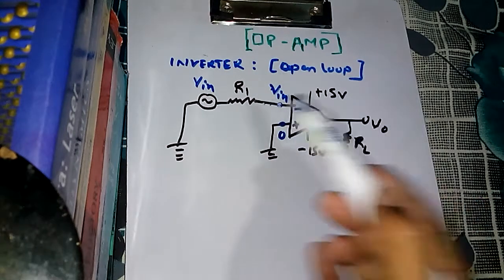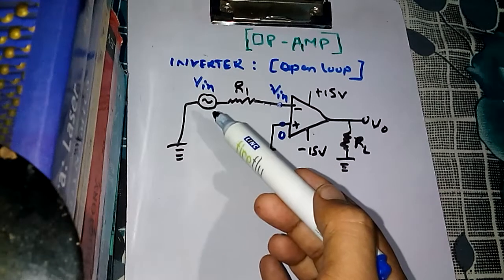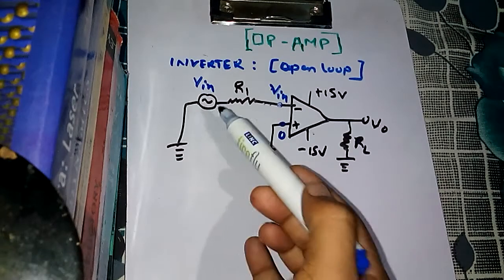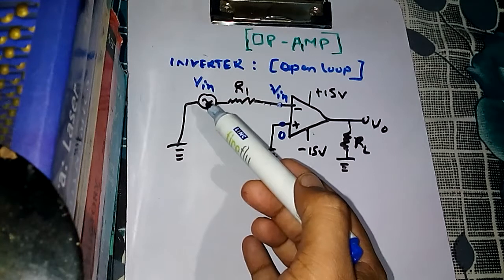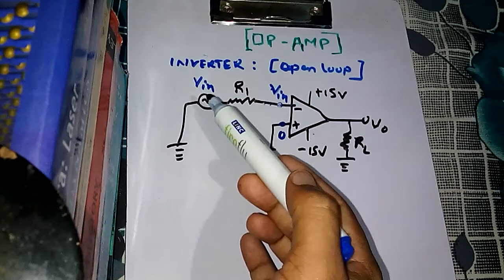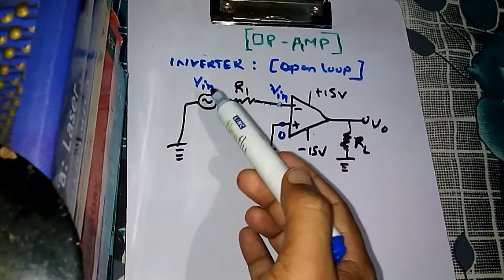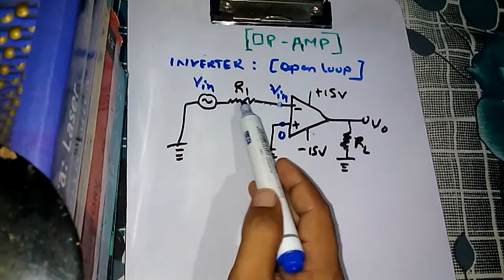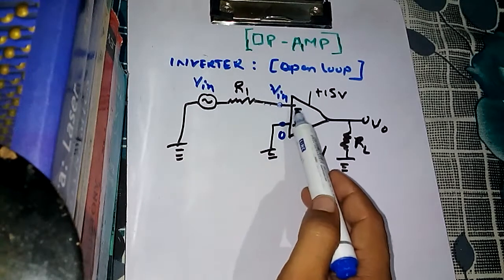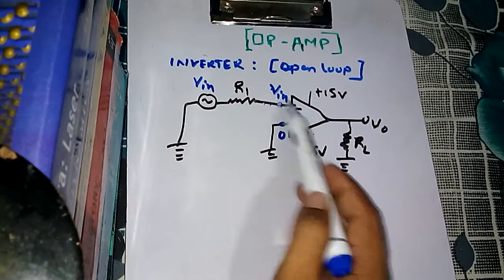There are several configurations, we may have current signal, we may have voltage signal, but now our signal is the voltage signal, so we can't afford to lose it.